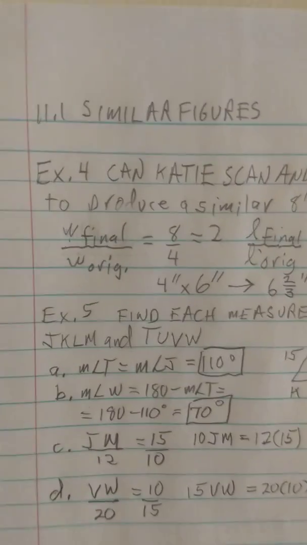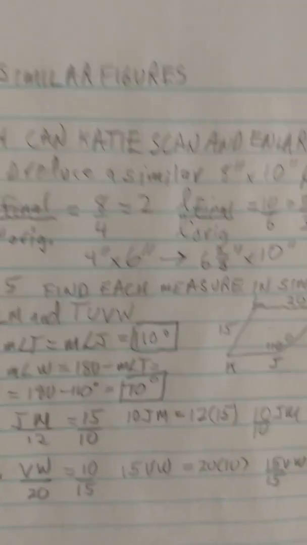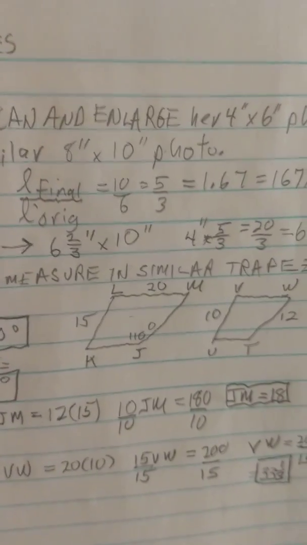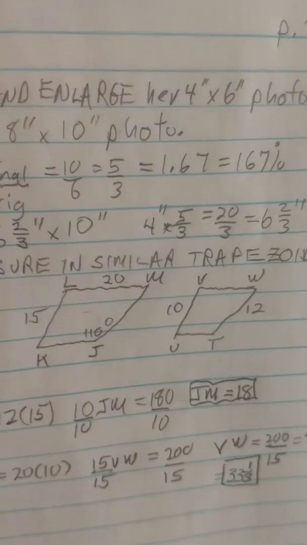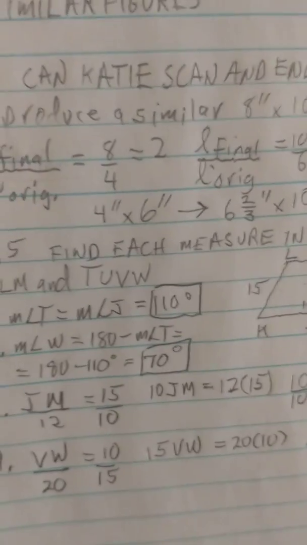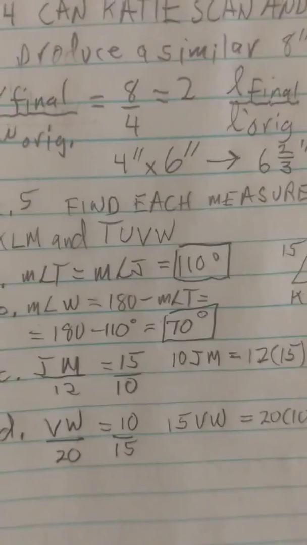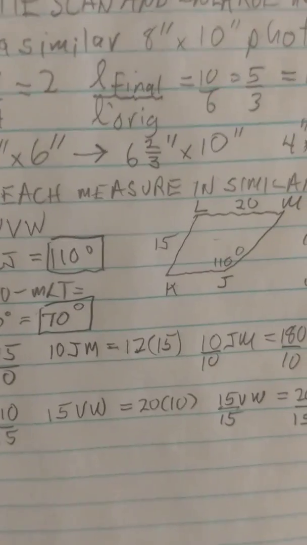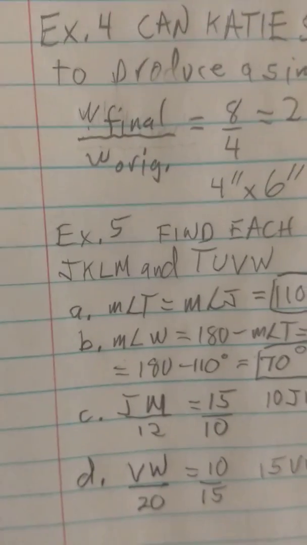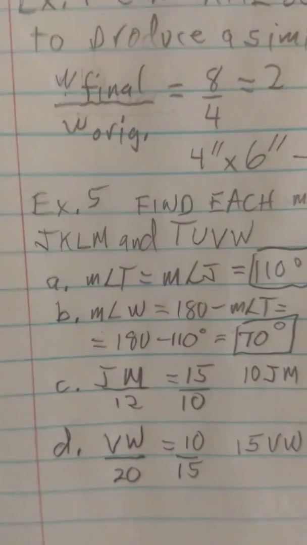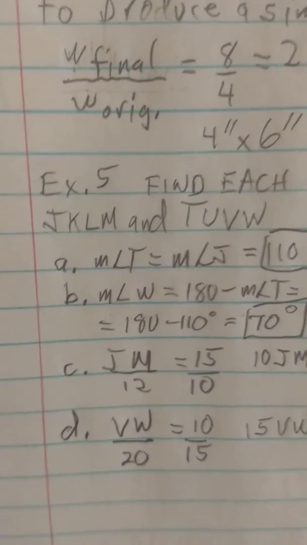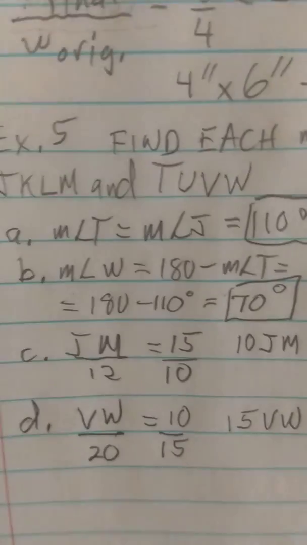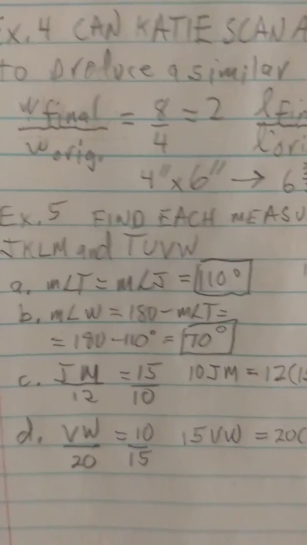Okay, now example 4 is asking, can Katie scan an enlarged 4x6 photo and produce a similar 8x10 photo? Are those two photos similar? Well, let's look first at the width final to the width original. So it's 8 inches to 4 inches for the width, which is a doubling factor.